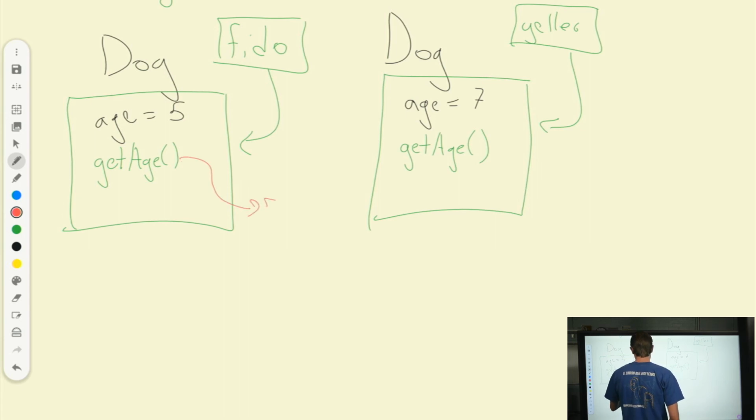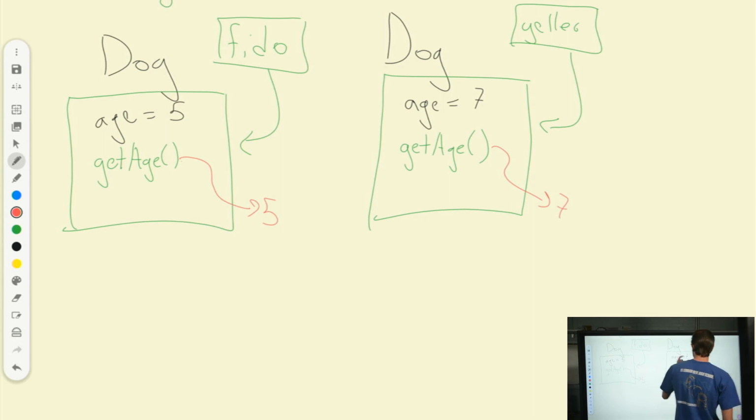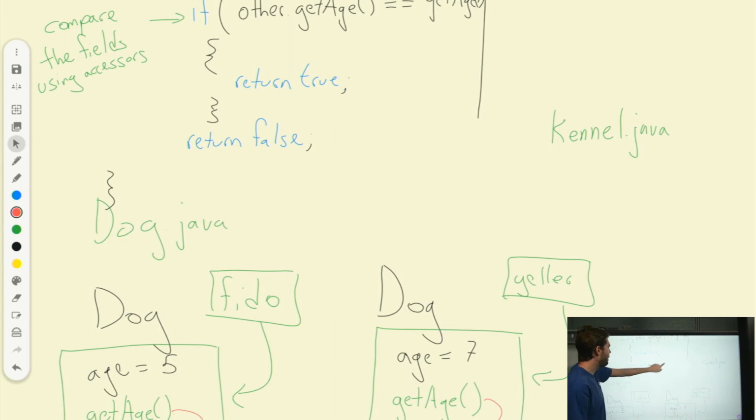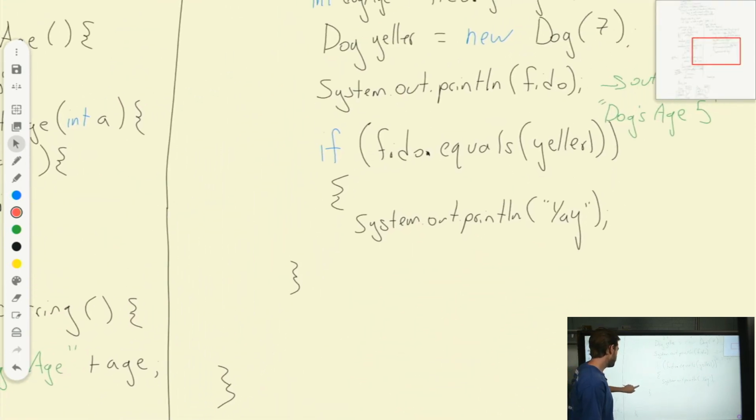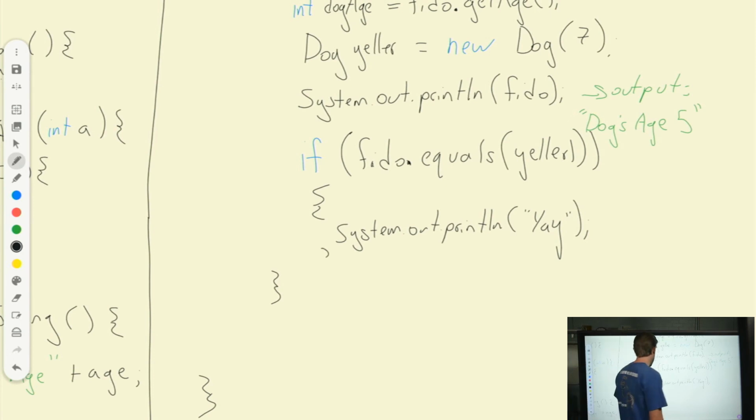It's going to spit out 5. And this one is going to spit out 7. Because remember, my ages are private, so I need these get ages in order to get the information back out. So with this in mind, let's go ahead and take a look at what happens when we call our if statement and our equals. We need another closing curly brace here.